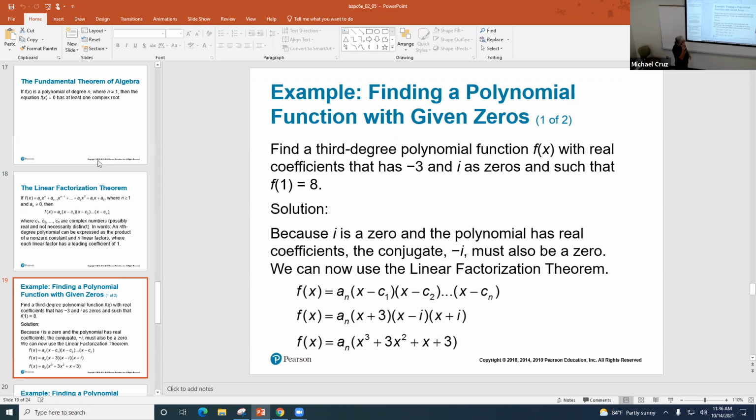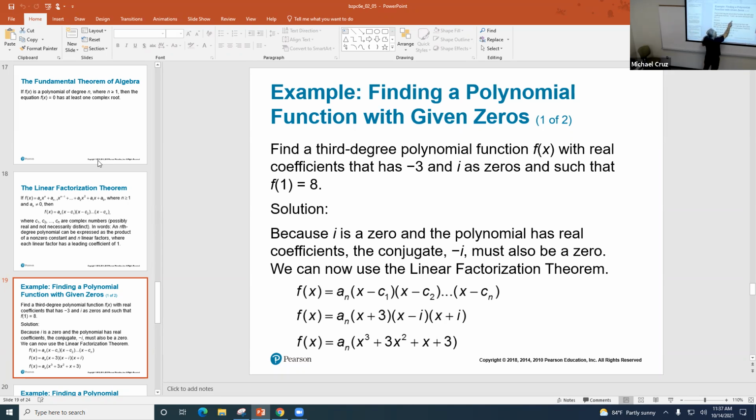But this is the way it works, and this is why it's kind of neat. It can save you some work. If you happen to have a solution that's an imaginary solution, like we say negative i, then the conjugate will also be a solution. So if they tell you that one of the solutions is -3, then you know this factor.